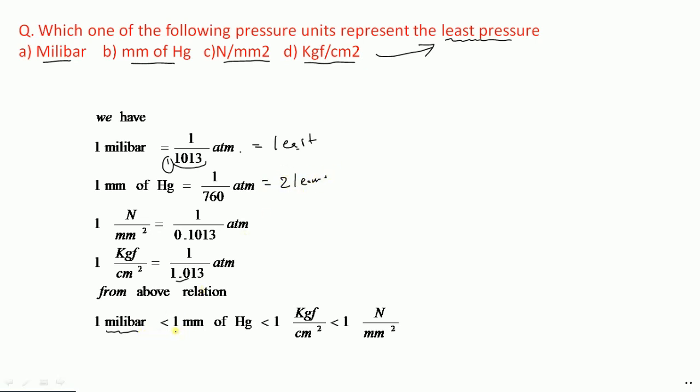Therefore, 1 millibar is smaller than 1 mm of Hg, and similarly it is smaller than 1 kgf per centimeter square, and similarly it is smaller than 1 Newton per mm square. So we can conclude that 1 millibar is the least pressure. That is option A is the correct option.